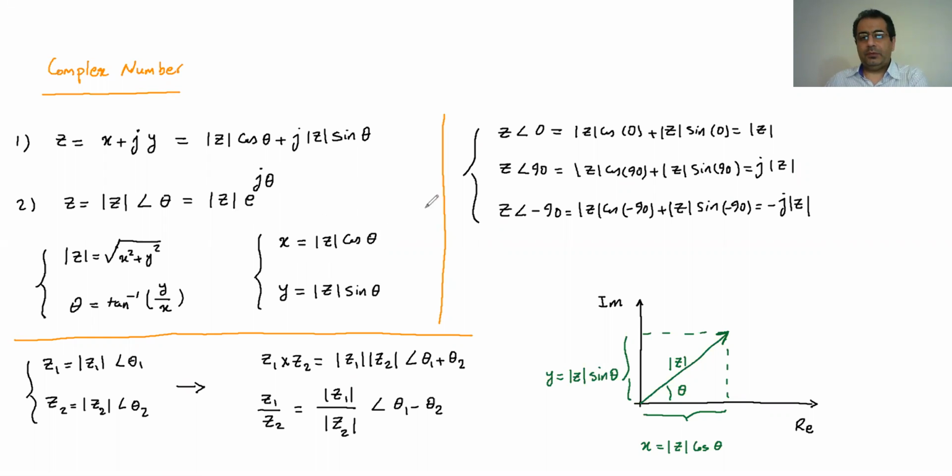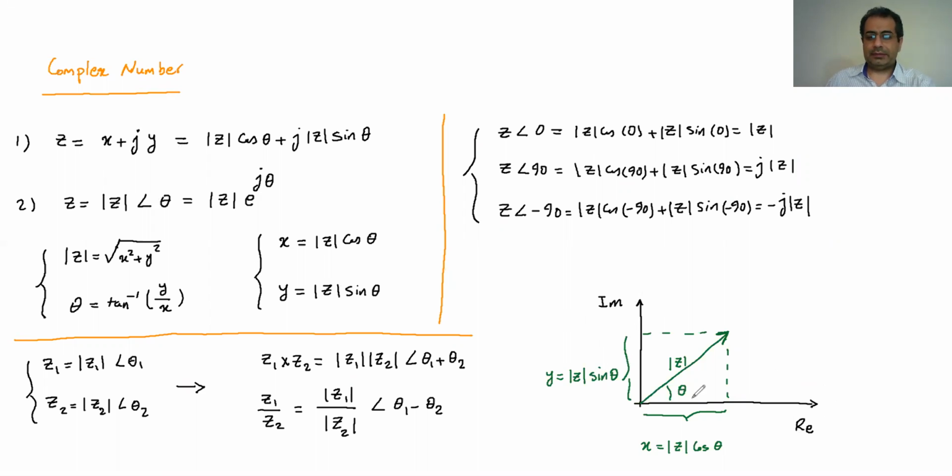One other thing I want to mention: if I plot them in this format, remembering this plot is going to be helpful for understanding what's happening here. If I have two axes, with the real part of the complex number on the horizontal axis and the imaginary part on the vertical axis, this is what I'm going to get.